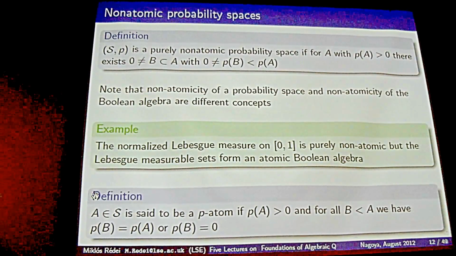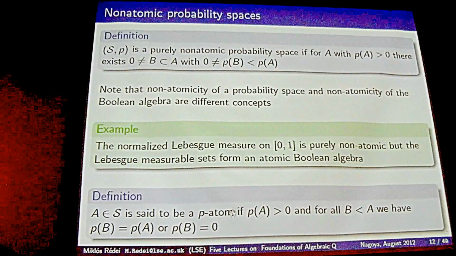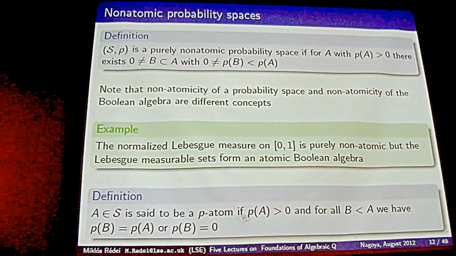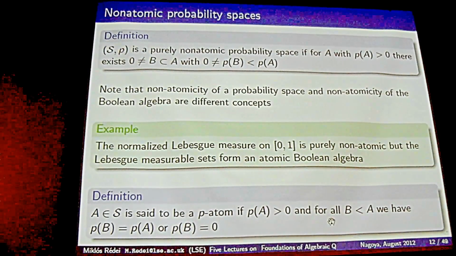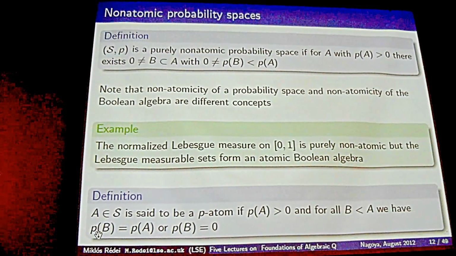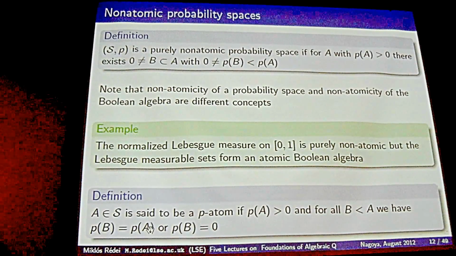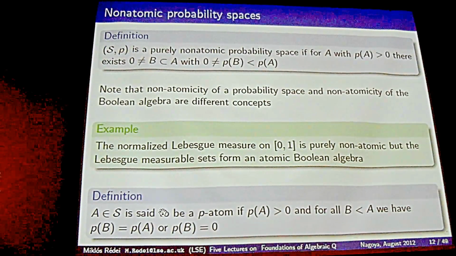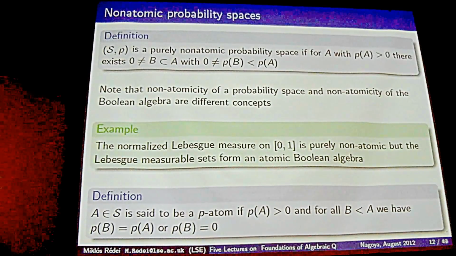A related definition is the measure theoretic atom, a p atom. An element is a p atom if it has non-zero probability, and for all elements which are smaller, the probability of that element is equal to 0 or the probability of the element itself. Why is the issue of non-atomicity and atomicity relevant?